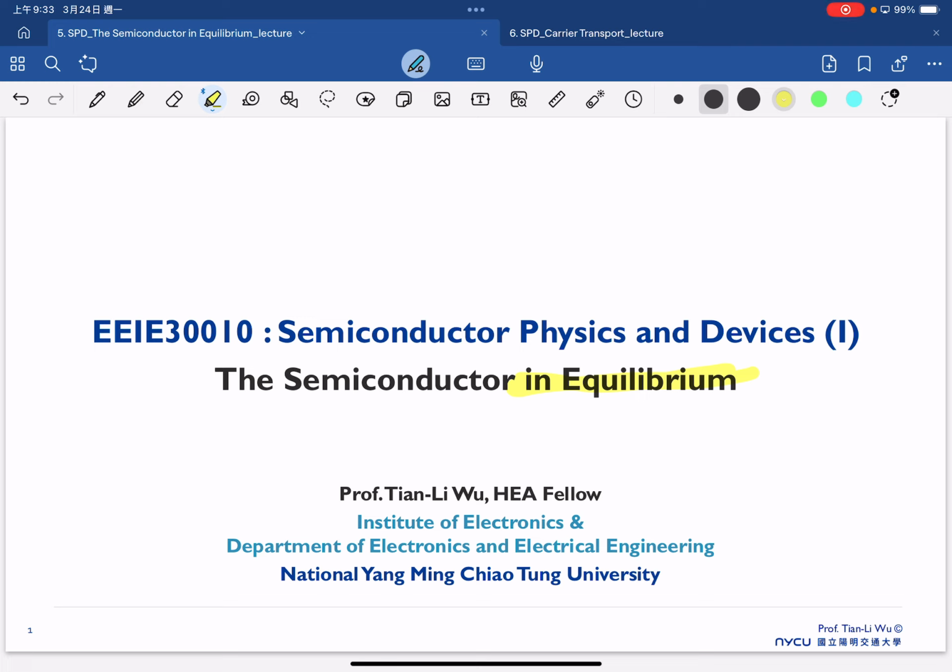So we will introduce certain statistical rules that allow us to estimate the whole behavior of the huge group of carriers. So based on what we discussed last week, we will move on to further consider how to estimate the concentration in the semiconductor. That's the purpose of today's lecture.